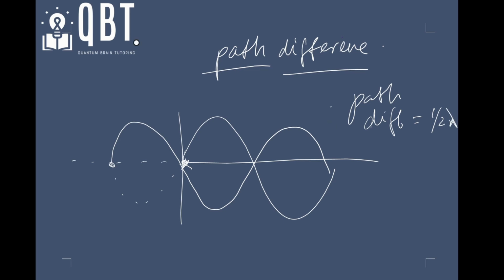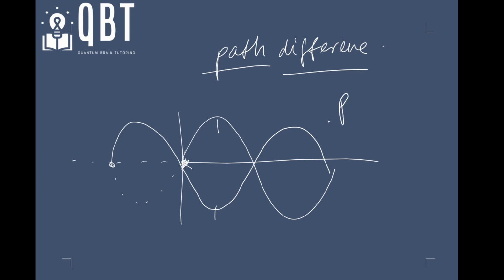But there is also, as a consequence, a phase difference, okay? We've got total destructive interference. There's a phase difference of 180 degrees, right? So path difference is in effect what causes phase difference when we're talking about two separate waves, okay?